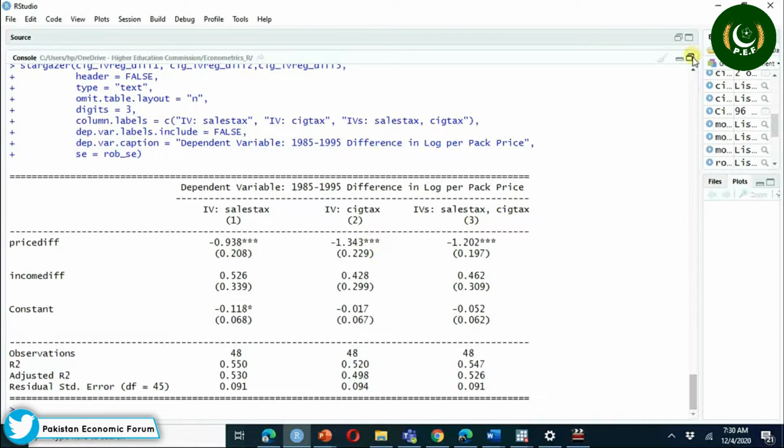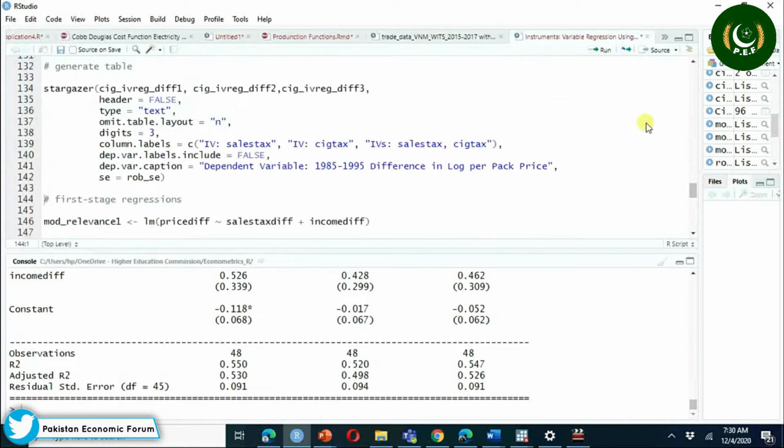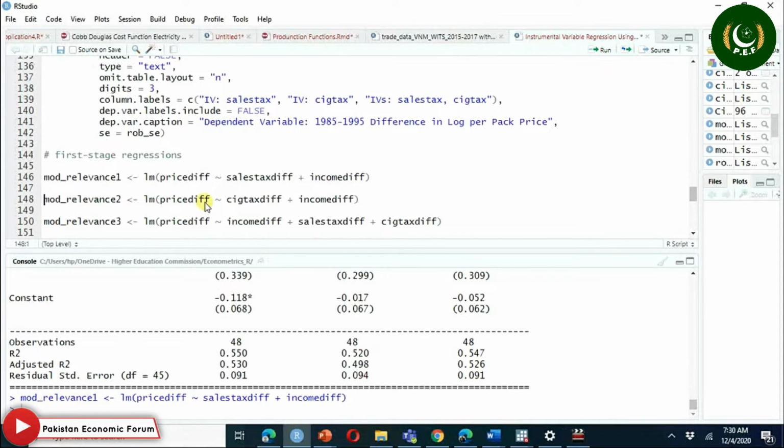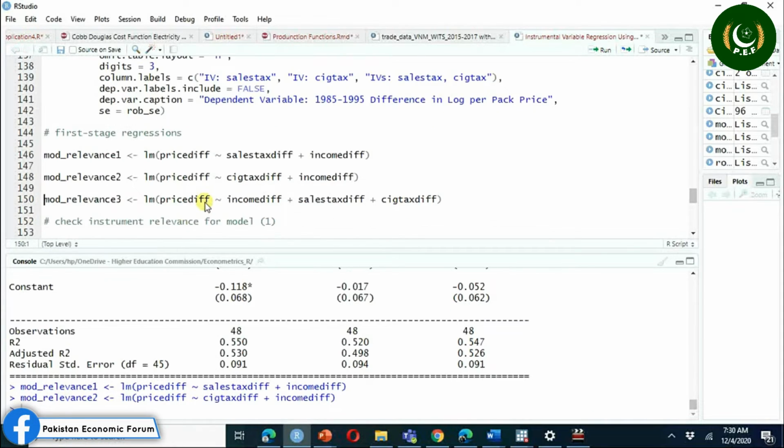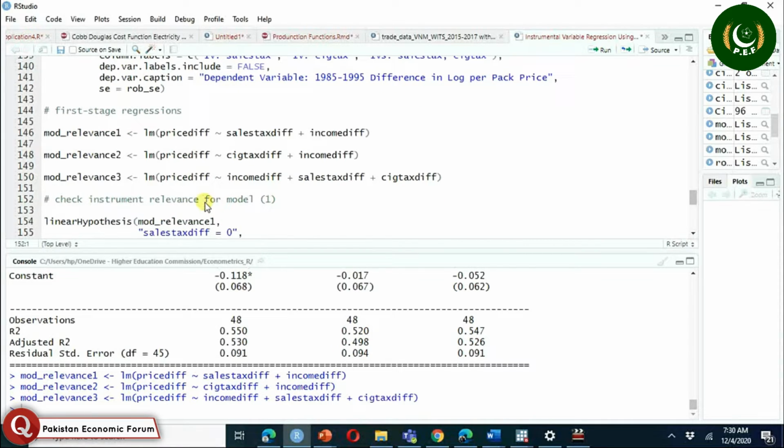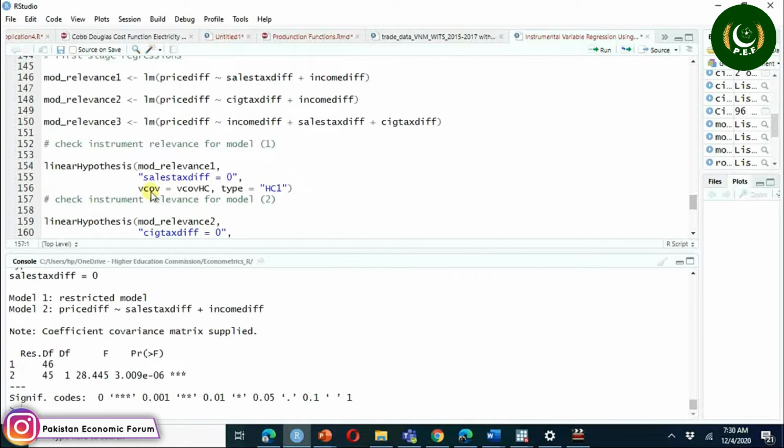So now we need to find out whether they are strong instruments or weak instruments. So we are going to run that. Model relevance, you see, instrument relevance. What is relevance? That if the F statistic is greater than 10. So I have run these three models' first stage, and we have instrument relevance.